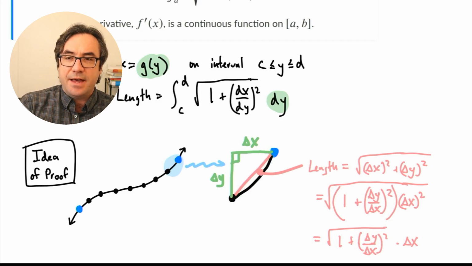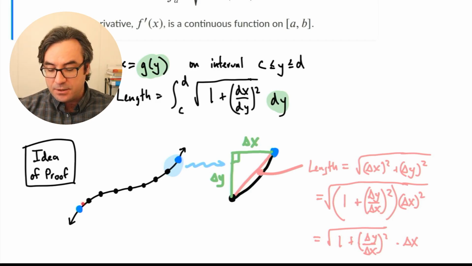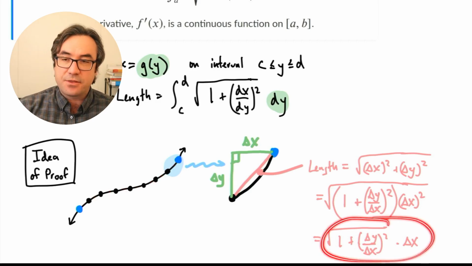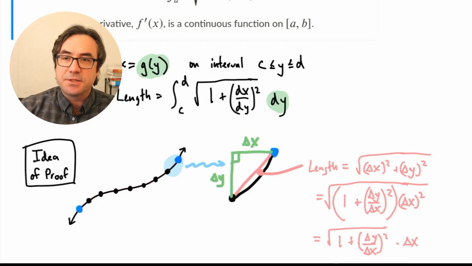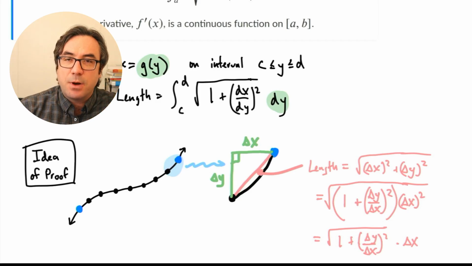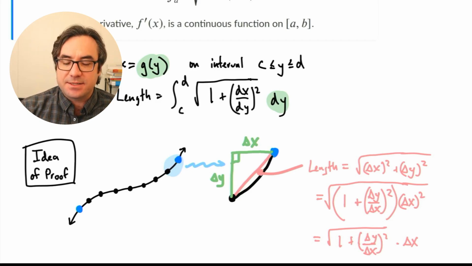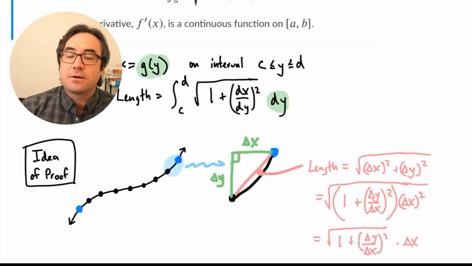Well, the idea then is we want to add up all these little lengths together. So this is just the length of one of them. We want to add them all together, and then we want to do the limit as these little segments get smaller and smaller, but we use more of them. When we add up a whole bunch of tiny little things, that's our integral.